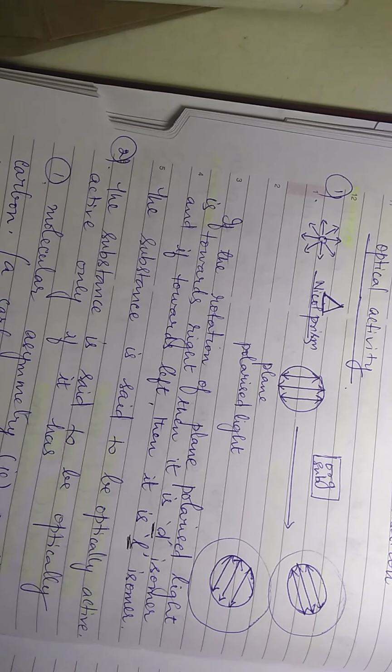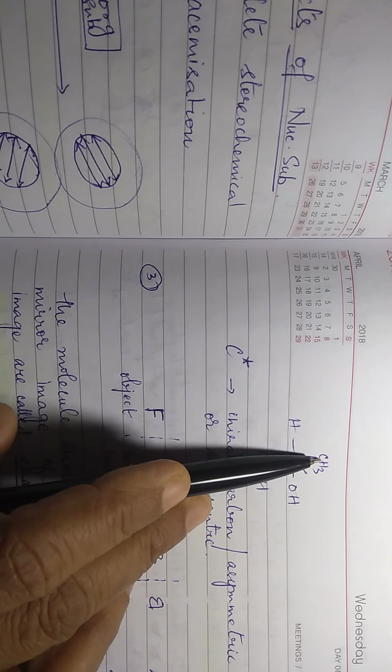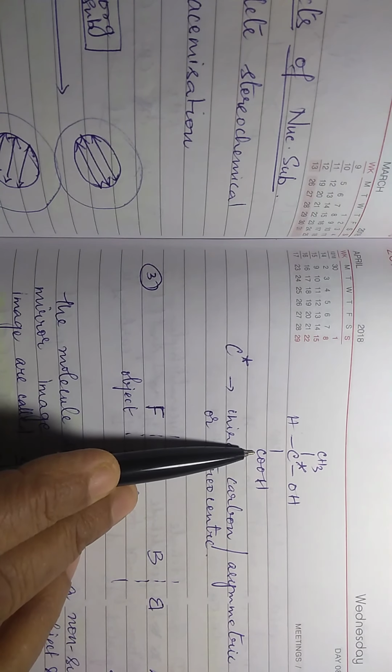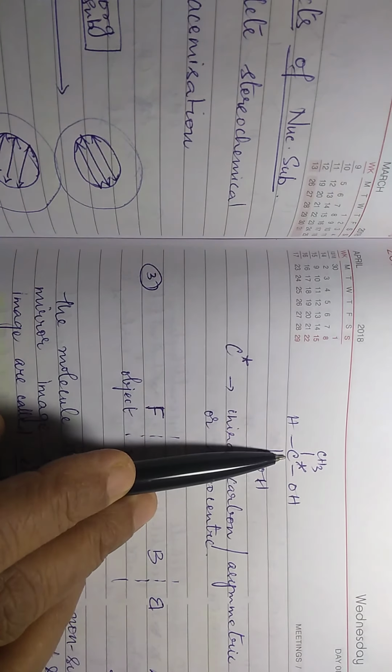Now what is meant by a chiral carbon? Chiral carbon is that carbon which is surrounded by 4 different groups around it. Like this. Here you have carbon surrounded by hydrogen, hydroxyl group, methyl and carboxyl group. So this carbon is said to be a chiral carbon. It is asymmetric from all sides.